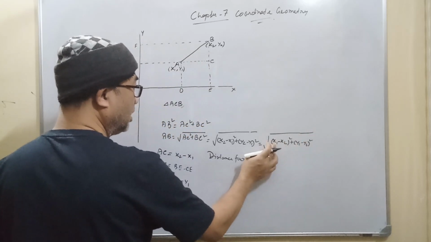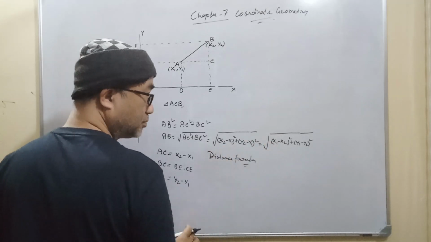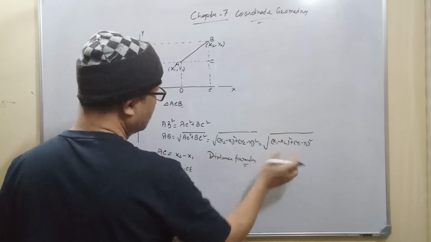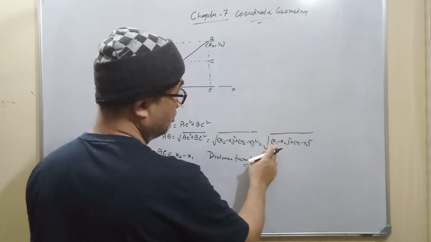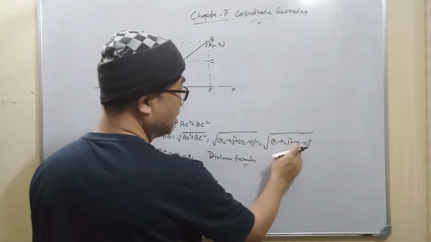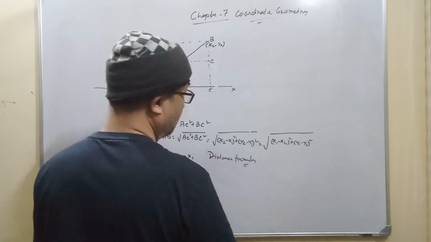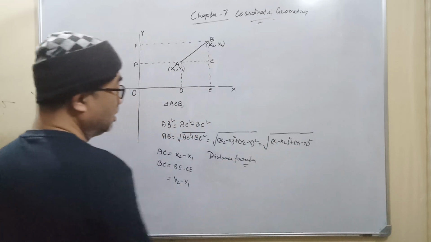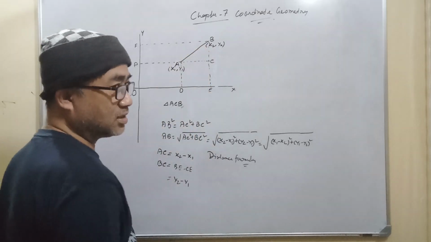You can write x1 or x2 first, because if you square it, it will become positive. Similar is the case with the y coordinate. You can write y1 or y2 first. So this is the formula for finding the distance between any two points on the Cartesian plane.